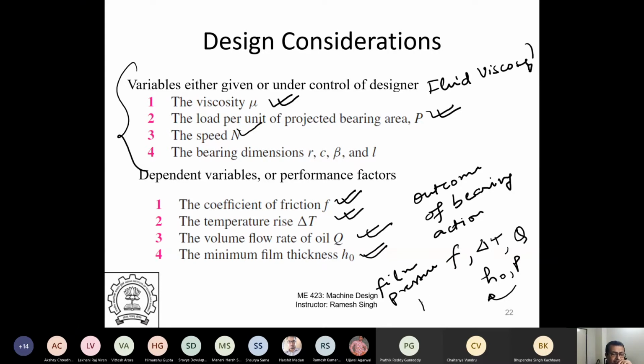It is not listed here, but that is the film pressure in the film thickness. This top P is just in your imagination, some average bearing pressure. But the film thickness itself will have some local pressure, which will get generated when the bearing rotates. We'll talk about it a little bit as we go along.